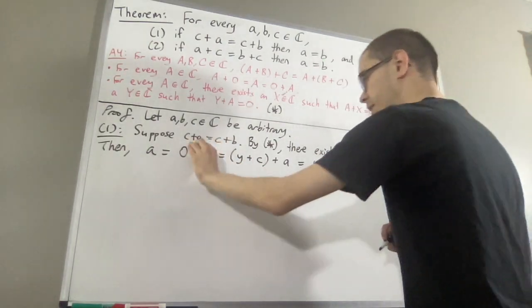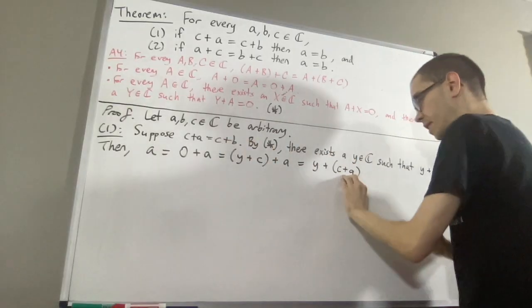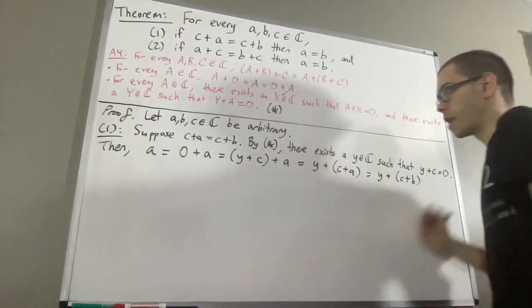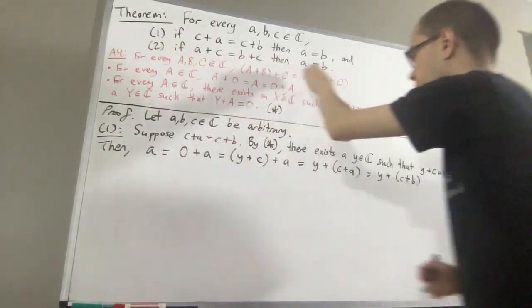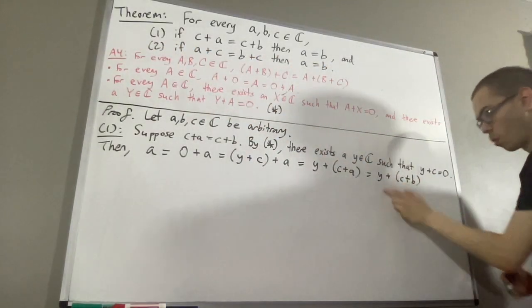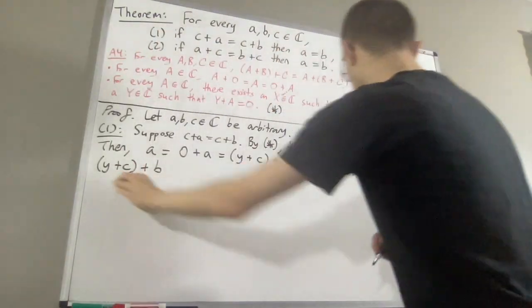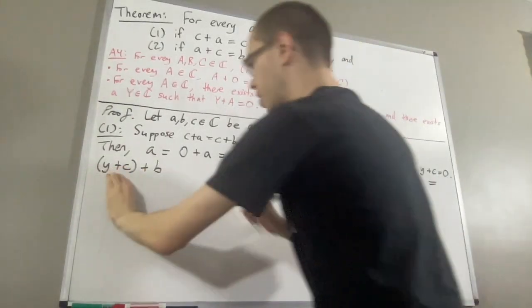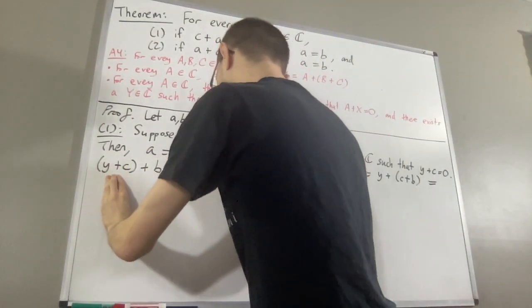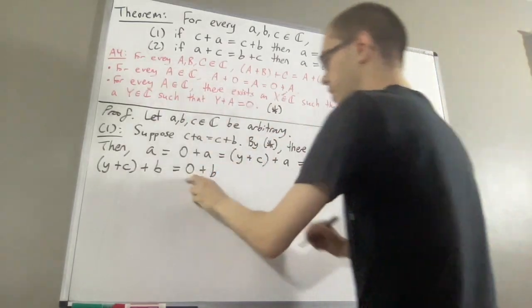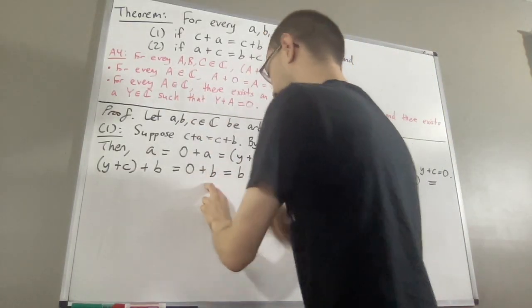Then, since c plus a is equal to c plus b, we can replace c plus a with c plus b. Then, applying the associative law of addition again, we move these parentheses around y plus c. Then, we know that y plus c is equal to 0, so we'll substitute that for 0, so we get 0 plus b. But then, according to our second result, we know that 0 plus b is equal to b.